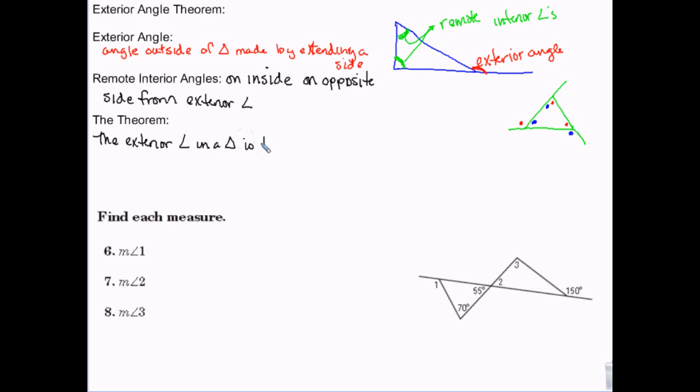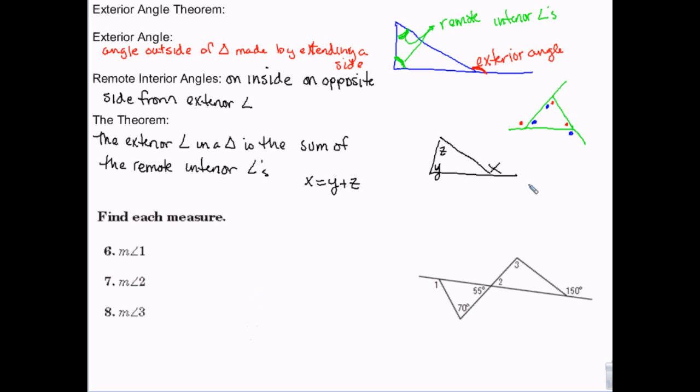So we have a theorem about these, which is that the exterior angle of a triangle is the sum of the remote interior angles. Okay, so if I call this angle x, and this is y, and this one is z, x is equal to y plus z.